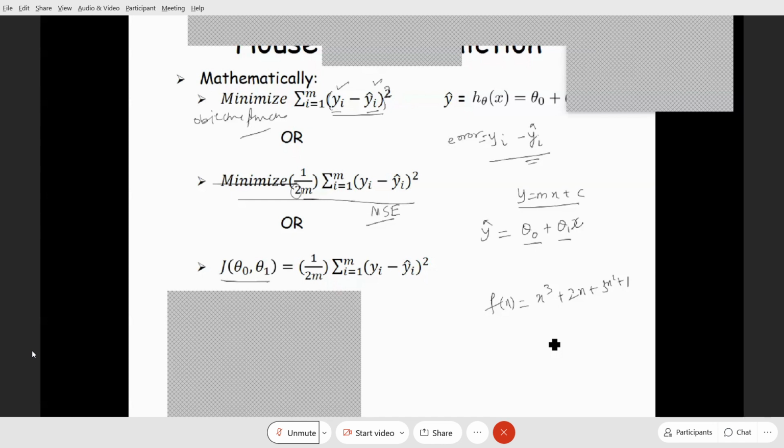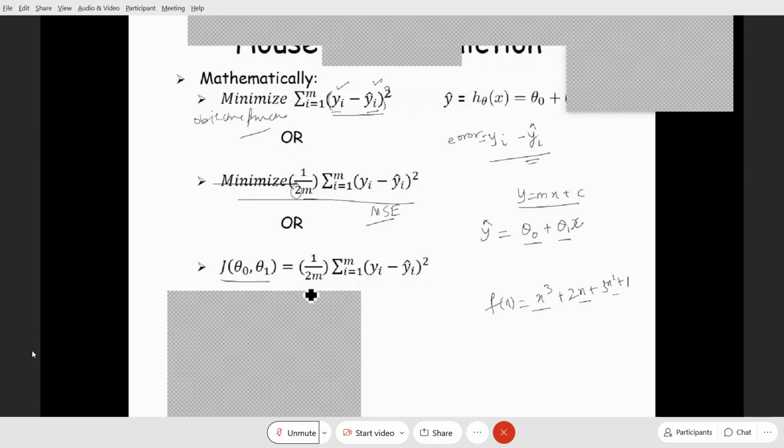Every equation has a variable, and in this case the variable is x. In our case, the variables are theta 0 and theta 1. So we are interested in finding the minima position of this J theta function, the point where J theta attains the minimum value.